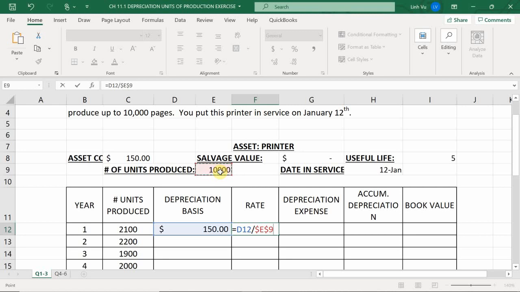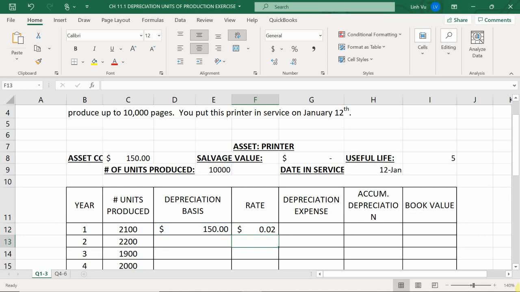It's your F4 function key. So in this case, how much is going to be my per unit rate? 1.5 cents. Yeah, it's going to be 1.5 cents.